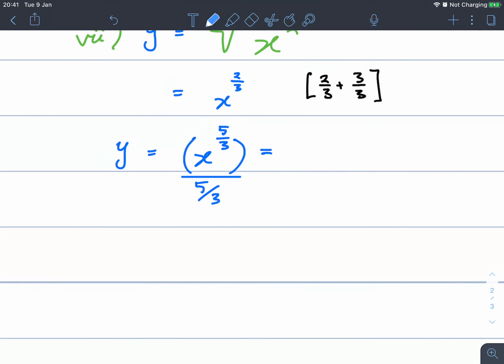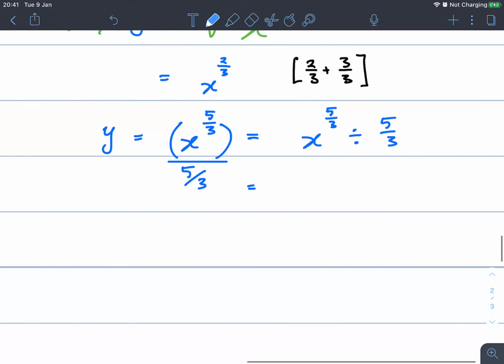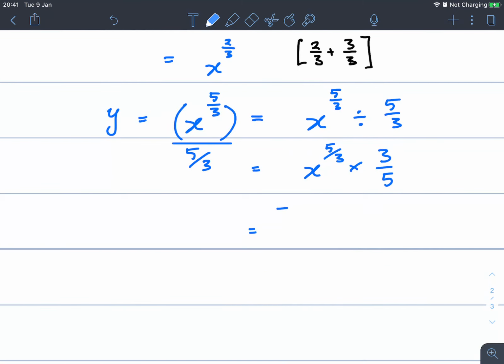You can think of this as x to the power of 5 over 3 divided by 5 over 3, which is the same as x to the power of 5/3 times 3 over 5. And this is my final answer, 3/5 x to the power of 5 over 3.